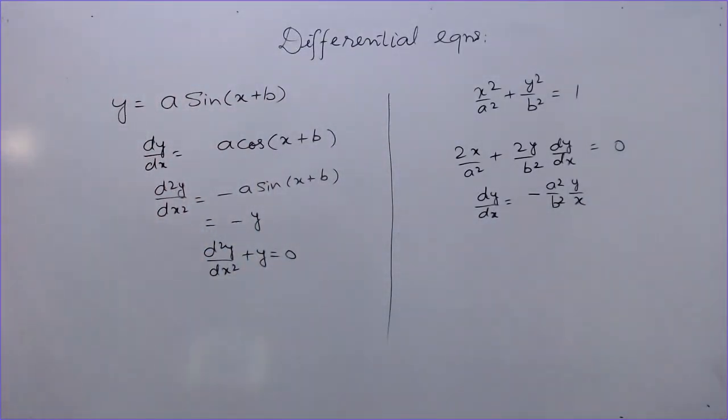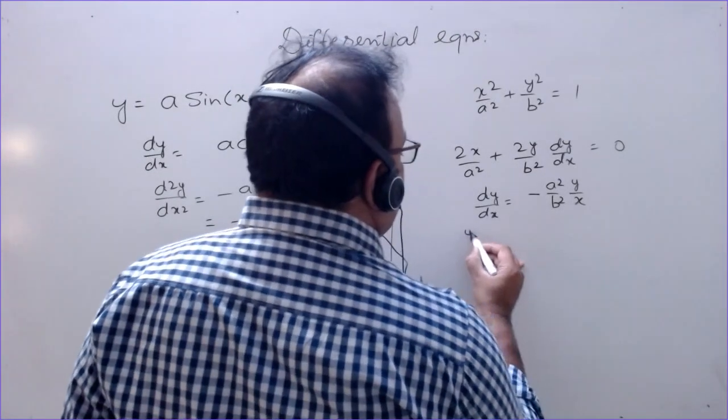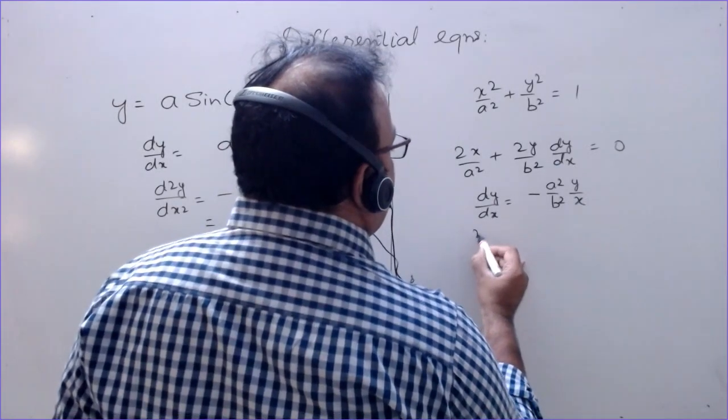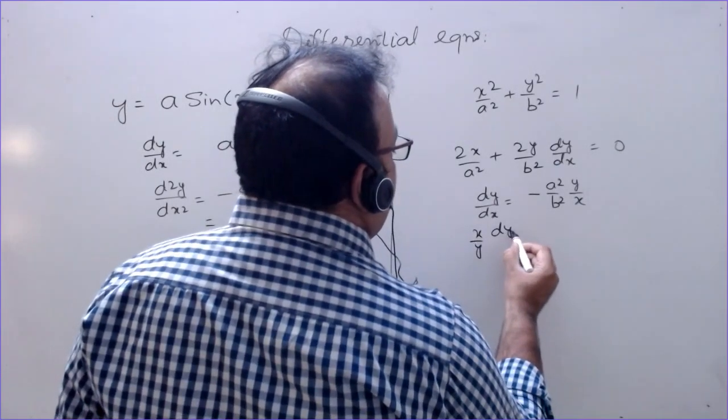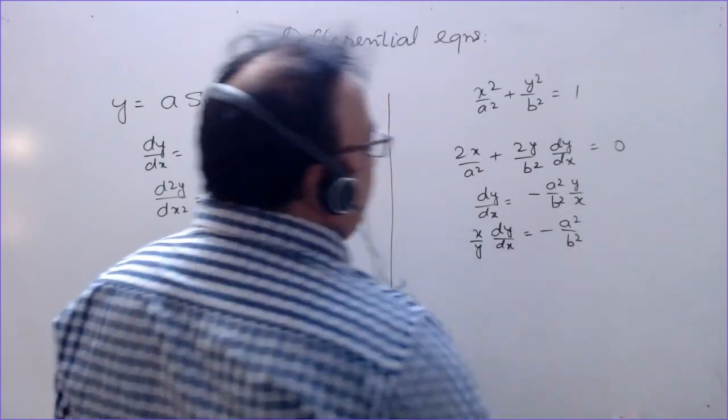Now we can further solve this equation by again differentiating. So this gives y upon x, dy by dx minus a square over b square.